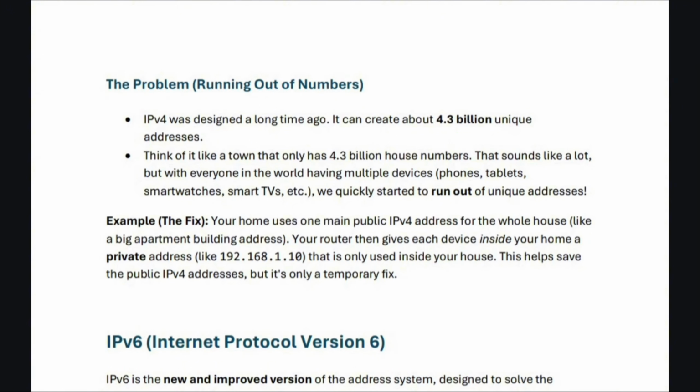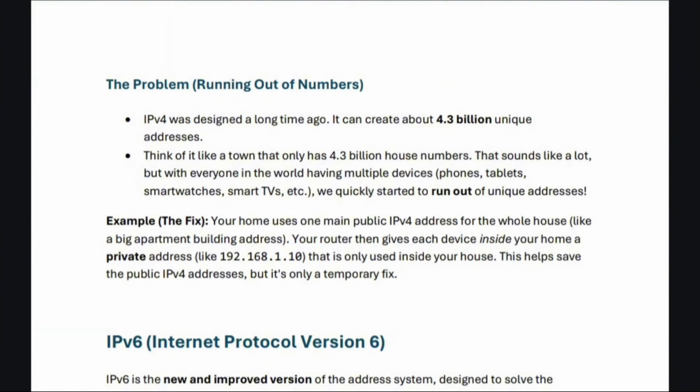For example, our house or home uses one main public IPv4 address for the whole house, like a big apartment building address. Your router then gives each device inside your home a private address, that is 192.168.1.10, that is only used inside your house. That saves the public IPv4 addresses, but it's only a temporary fix.